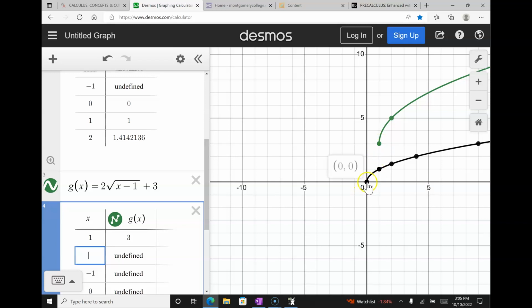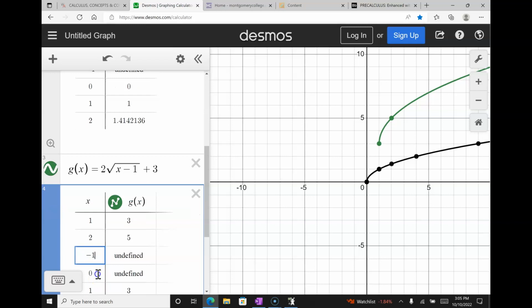That corresponds to this point, right? What was my next one? I forget already. 2? So when I put in 2, I get 5, and it plots the point for me, right? Help me. 10? 5? There it is. You see all the points are corresponding to each other? Yeah?